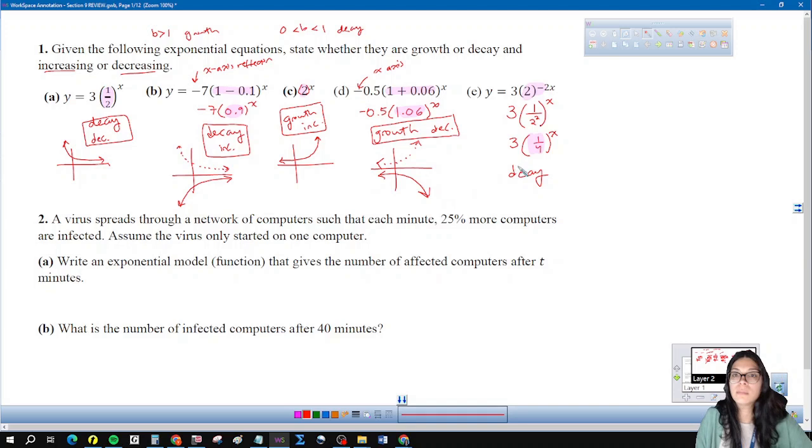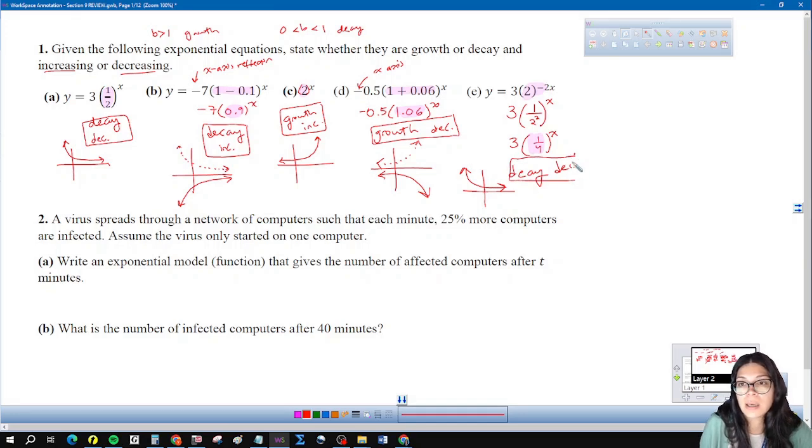And then the last one, we have a 3 to the power of 1/4. There's no x-axis reflection here. So this is a decay function, which looks like this, so it is decreasing. You could have also, at the beginning, if we're thinking about 2, then reflected that over the y-axis, that would flip it over. So that one will be decreasing.